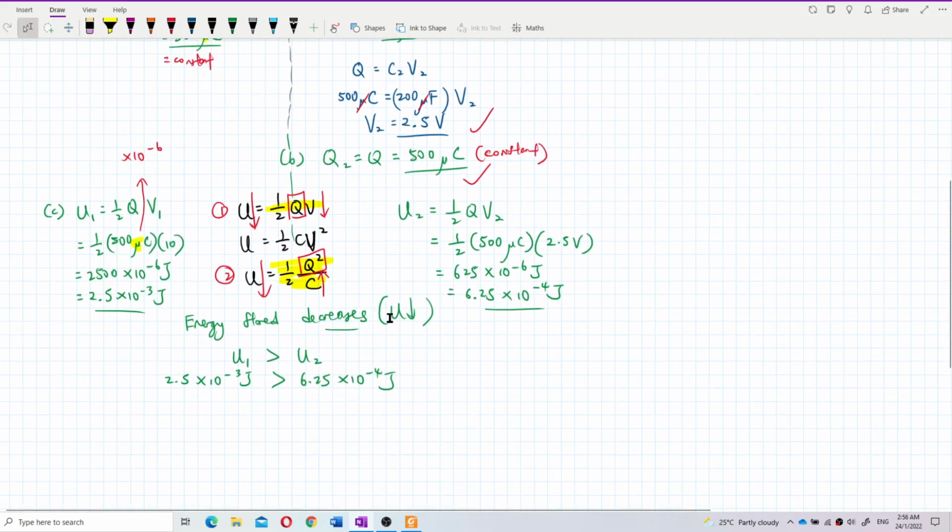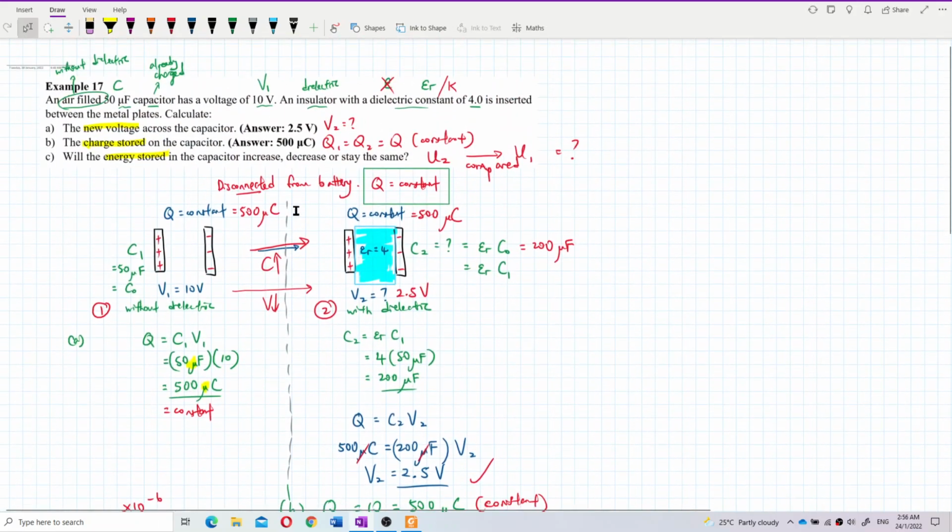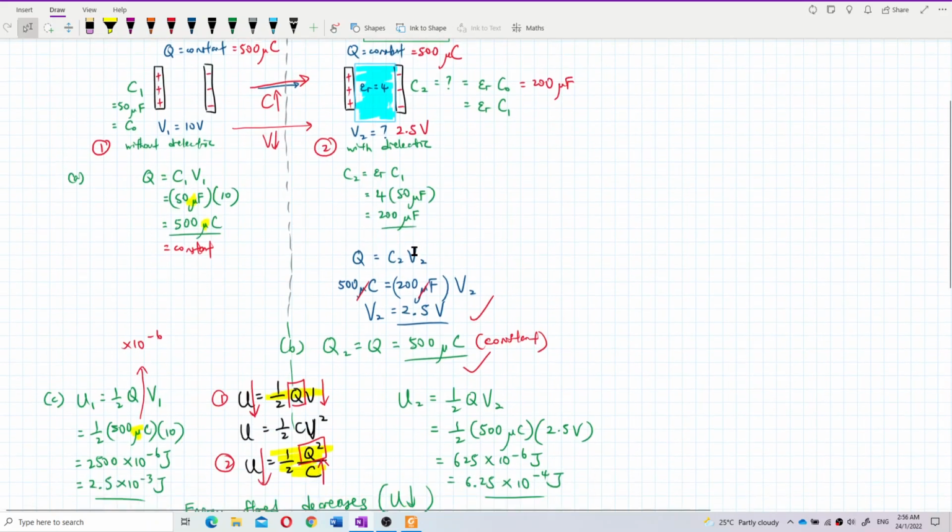So the energy stored has decreased from this value to this value. Energy stored in the capacitor has decreased after you insert the dielectric.